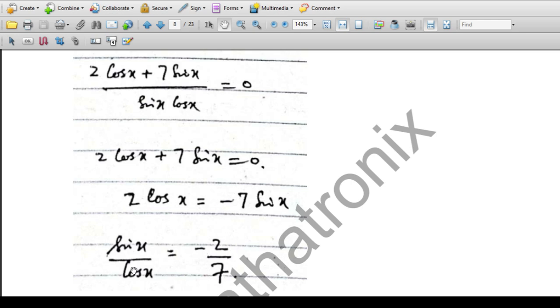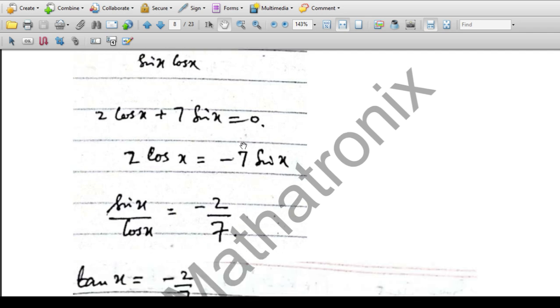From this part to this part, we are just crossing the sine or cos from one side to the other, and we will have this equation, transformation from here to here. So simple manipulations, and we will obtain this.